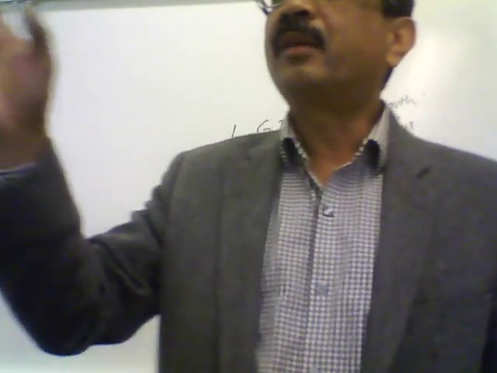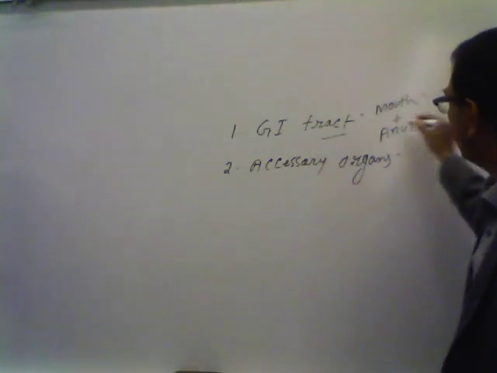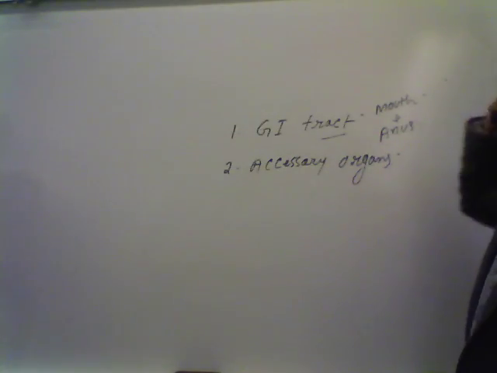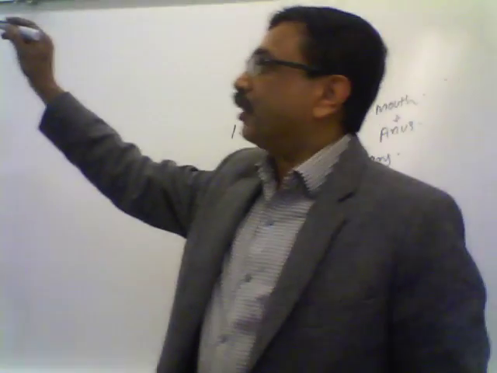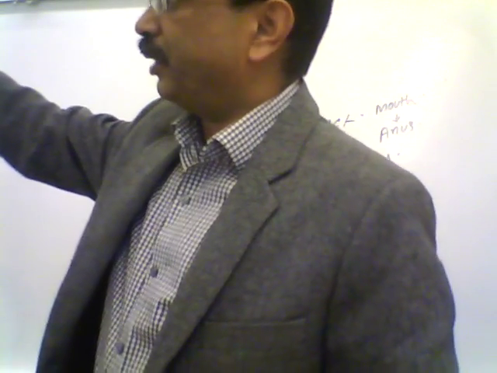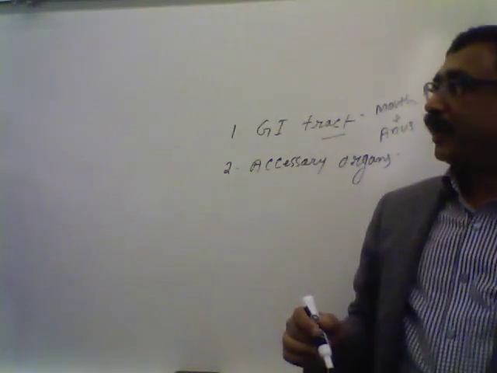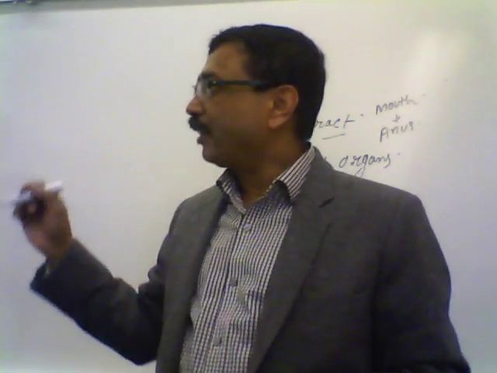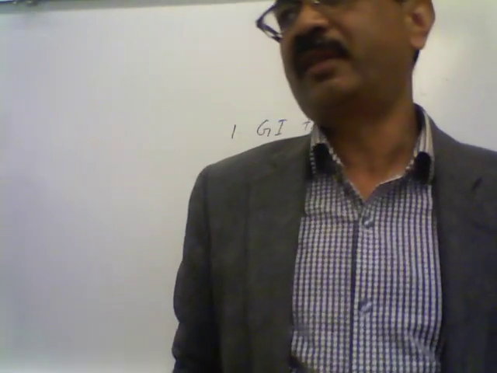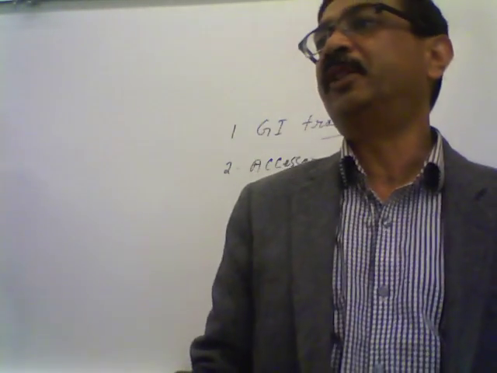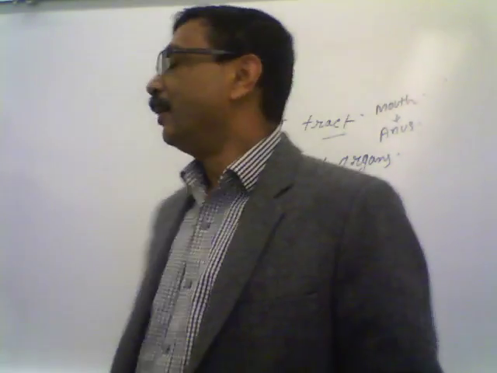So what are the parts of gastrointestinal tract? Oral cavity. Okay. Then they did not mention pharynx, but pharynx is also a part. And then esophagus, then stomach, small intestine, large intestine. Those are the parts of that tube, gastrointestinal tract.